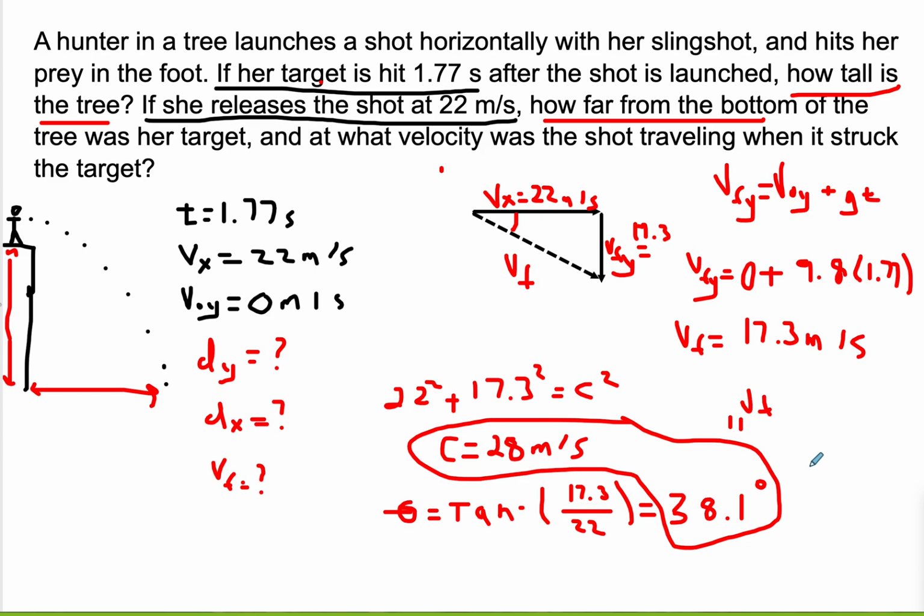Oh wait, never mind. It's because I put 2.2. Okay, never mind. That makes more sense. Oh yeah, it has to be bigger than 22, right? Because it has to be the longest side, right? So does anybody have questions at this point?